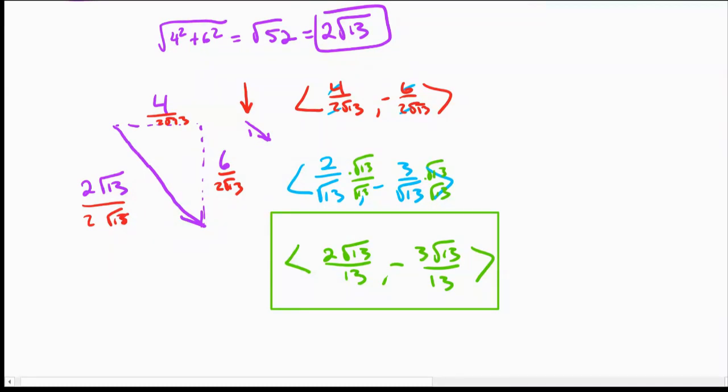So it's 2 root 13 over 13 and negative 3 root 13 over 13. One way to double check is that, remember, the components of a unit vector always need to be less than 1. So if you plug these values into a calculator, you'd get a decimal that's less than 1.